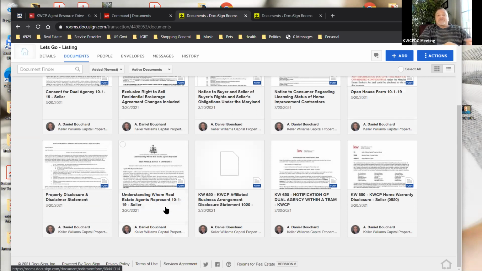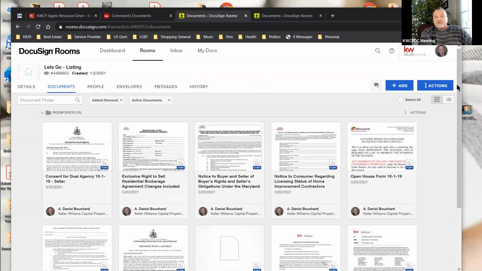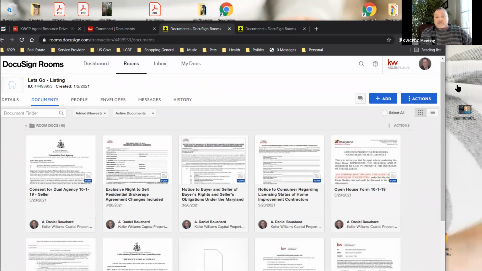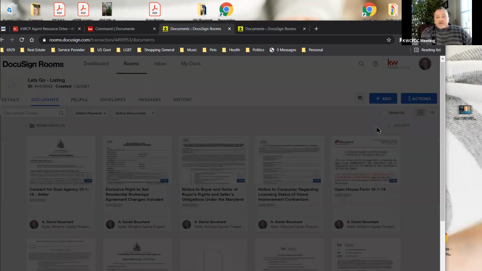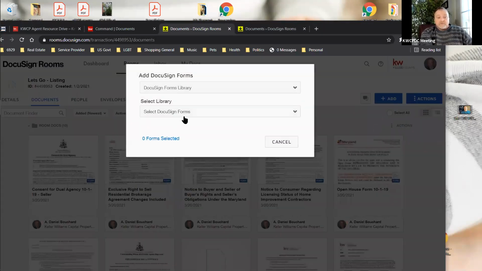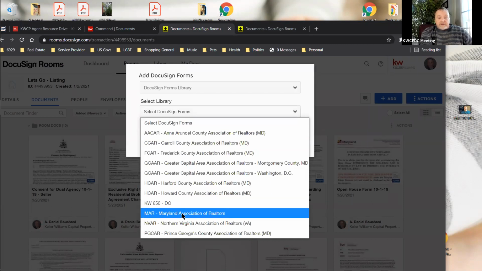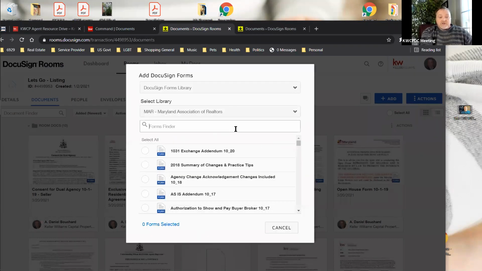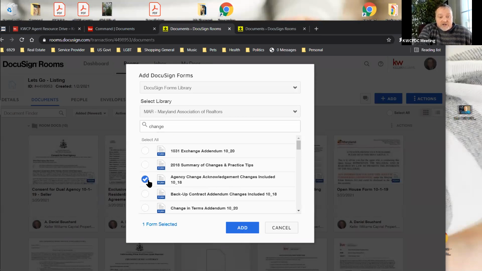And now they've decided that they like this property and would like to write an offer on it. Now you can go ahead and use the change of status, which is in the Maryland docs. I'm going to show you that right here, down here in the Maryland real estate documents. I'm going to put in agency change acknowledgement document.